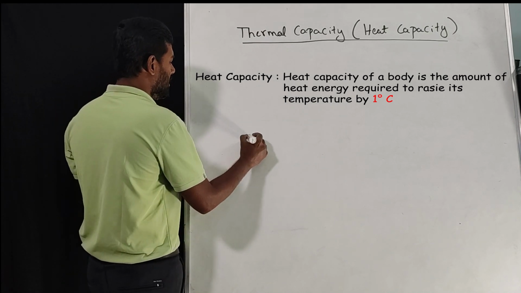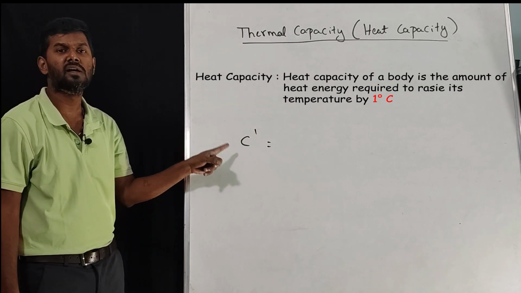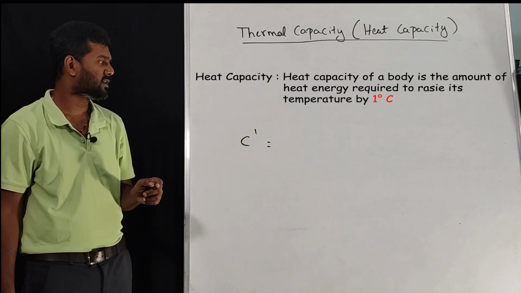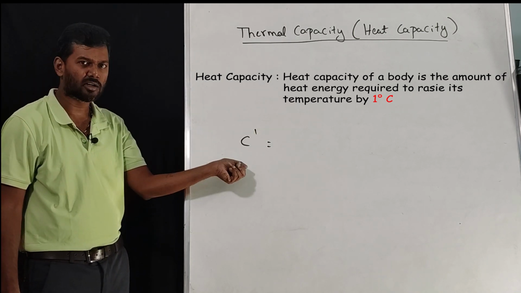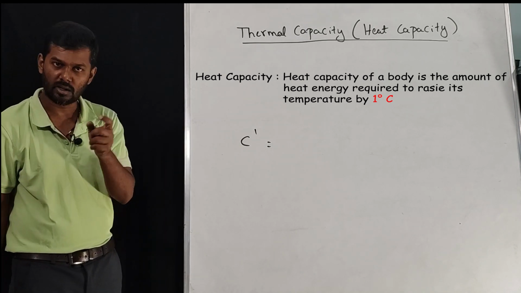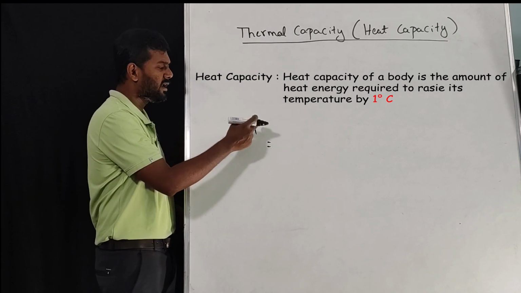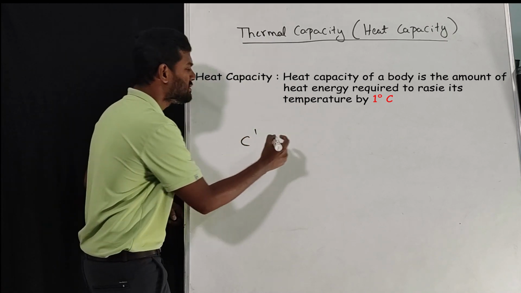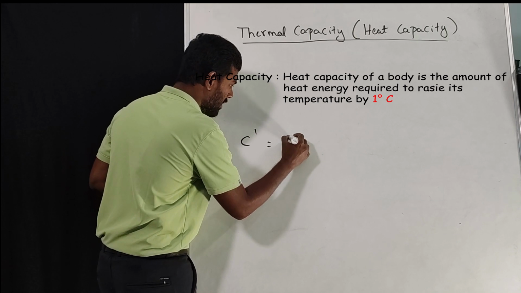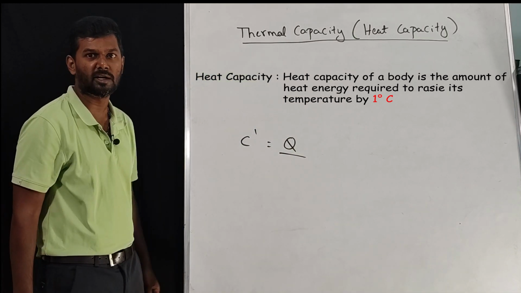So it is denoted using this symbol. C dash is the symbol for heat capacity. If dash is not there, that represents a different term that we are going to learn after this one. So heat capacity is denoted by C dash. It is the amount of heat energy required. Q is the symbol for heat energy, keep that in mind.